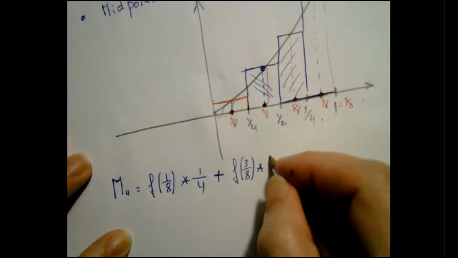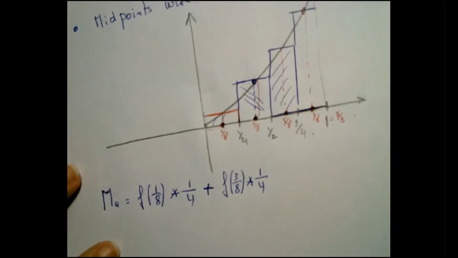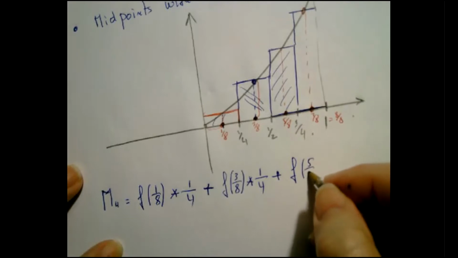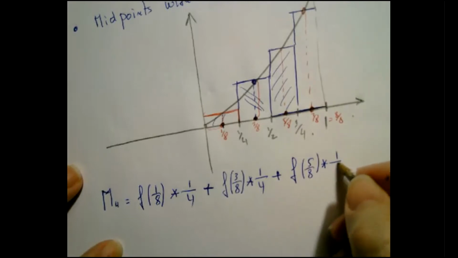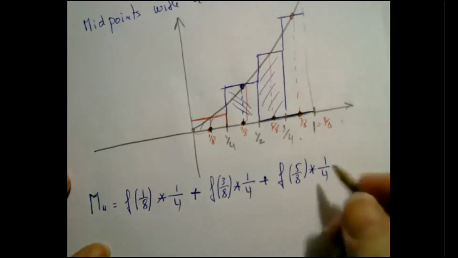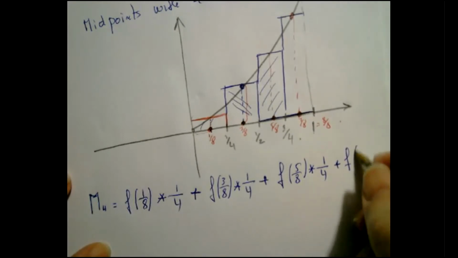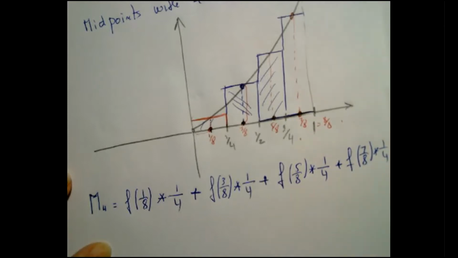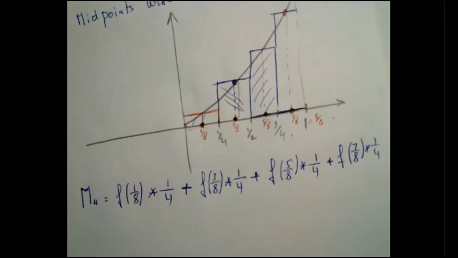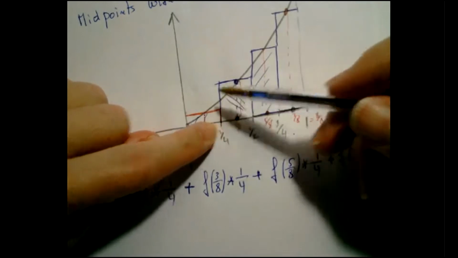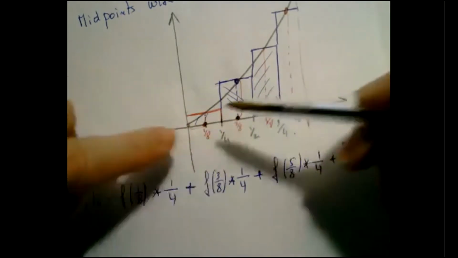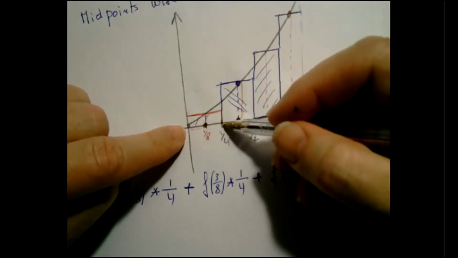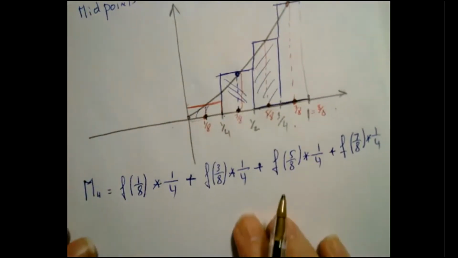The width never changed. So the midpoint is, instead of using the left for height or the right for height, we use the midpoint halfway through for the height, but the base never changed. It's the same rectangle.